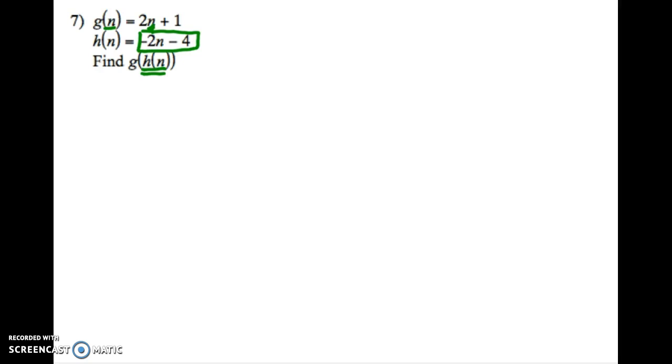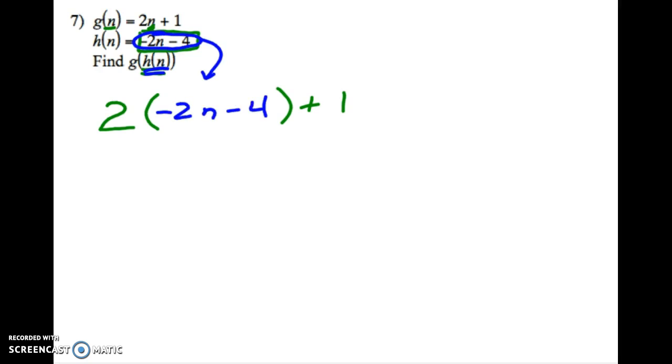So we start by writing the g equation down, and when we get to the variable, in this case the n, we're going to put parentheses in. Inside the parentheses, we want to put the h equation. In this case, the minus 2n minus 4. So we replaced the n in the g equation with the whole function for h of n.